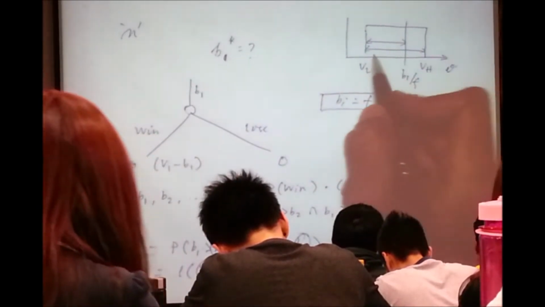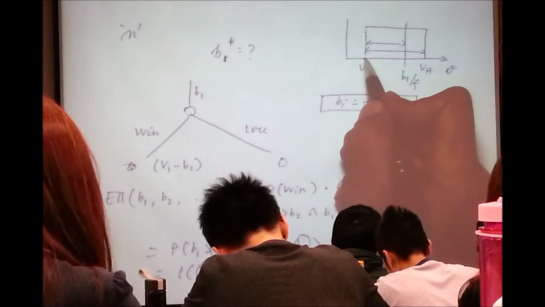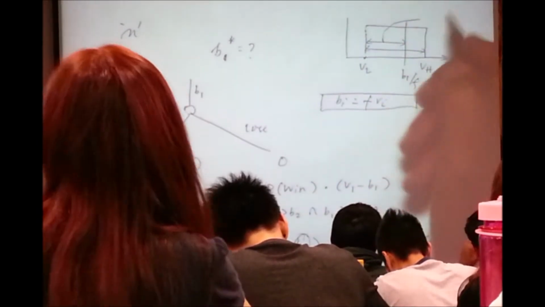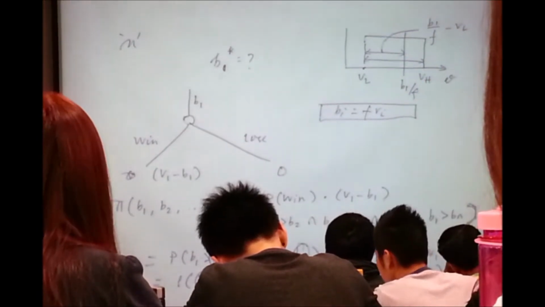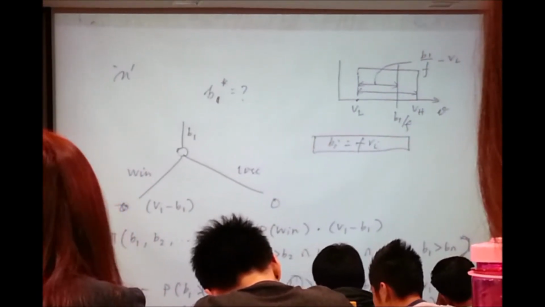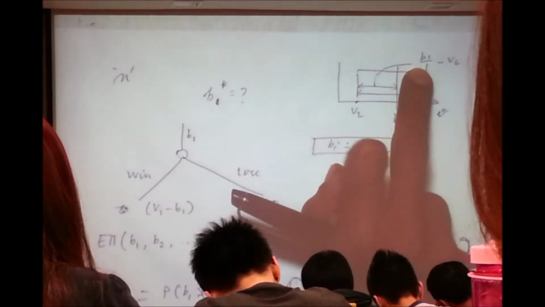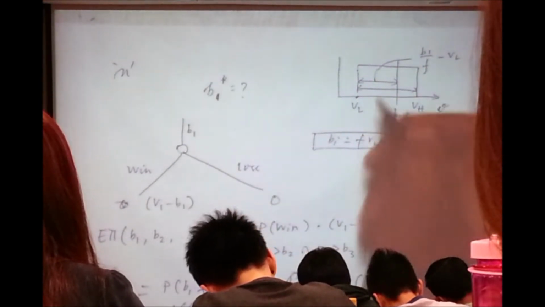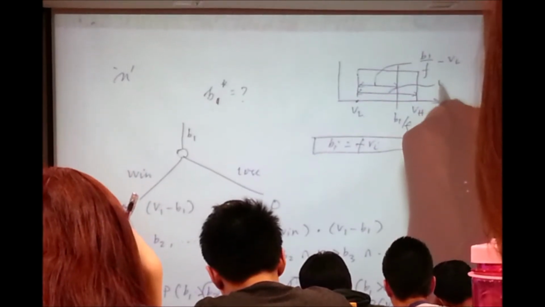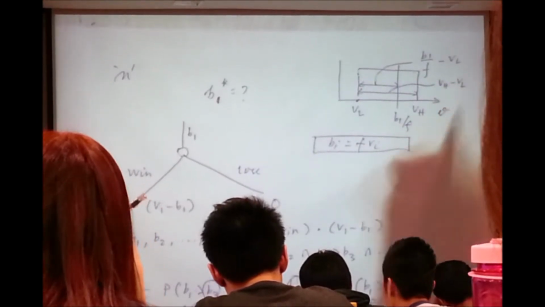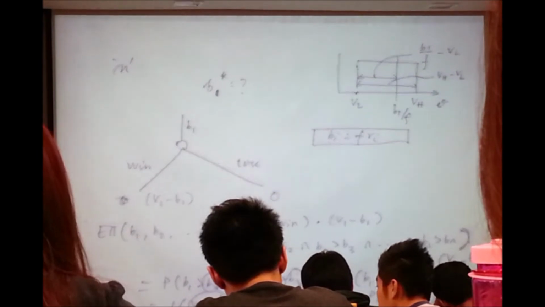Now, notice that because your valuation does not start from 0, the length of this line segment is B1 over F minus VL. And the length of this line segment is no longer 1 minus 0 equal to 1, it is VH minus VL.